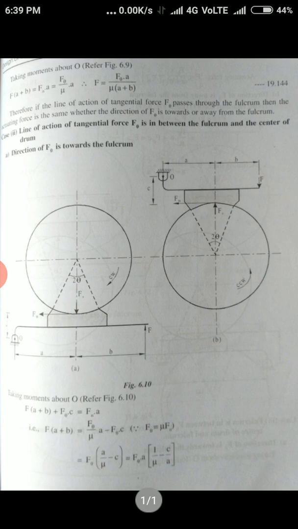Choose the particular formula based on two criteria: the position of F theta, whether it is between the center of the drum and the fulcrum, or passing through the fulcrum, and its direction. Based on these, we choose a formula and calculate. Okay, so we'll go for the next case.